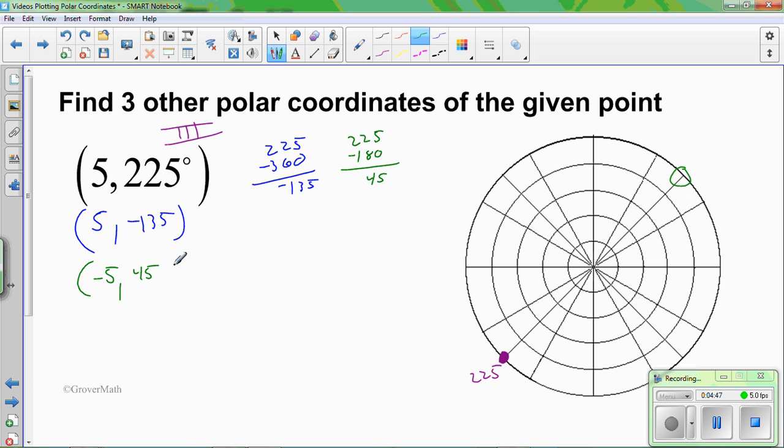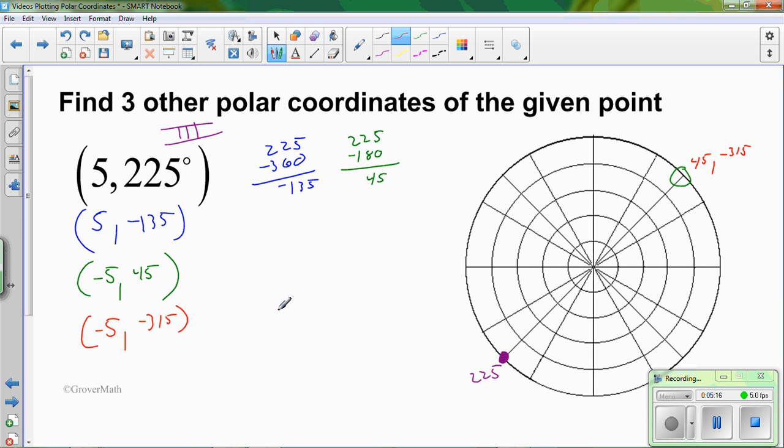Remember, plotting the point negative 5, 45, this is the point positive 5, 45. But because I'm negative 5, I would shoot across and I'd end up here. And then lastly, I can plot that with a negative angle. So negative 5, because this 45 I had here could also be thought of as negative 315.